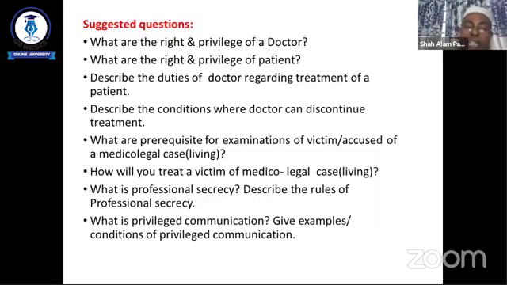What is privileged communication? Give examples. What are moral and social duties? It is very much important. And this is in short about your importance regarding duties. And also another is consent. Consent, I think in the next class I can discuss, or consent will be another topic.